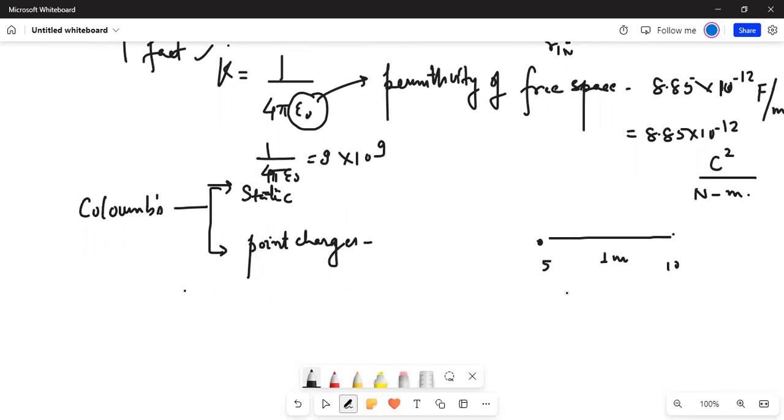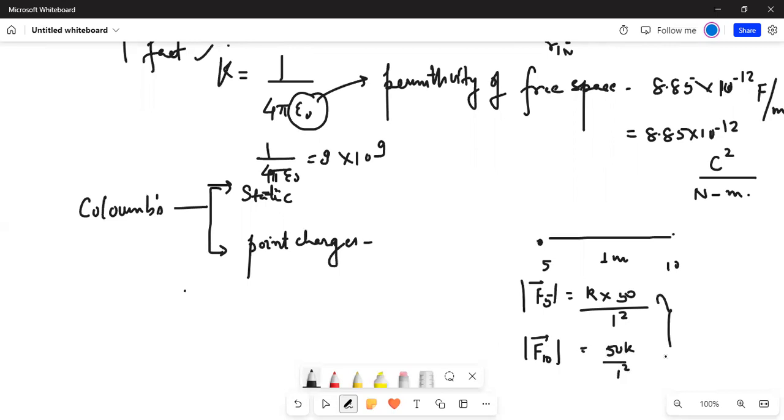It's quite easy to see that the force on the 5 coulomb charge can be written as K times 50 divided by 1 square, and let's say everything is in SI unit. And what would be the force on the 10 coulomb charge? It will be again 50 into K upon 1 square.